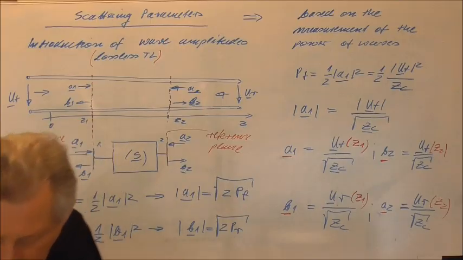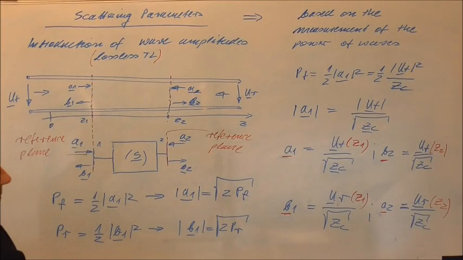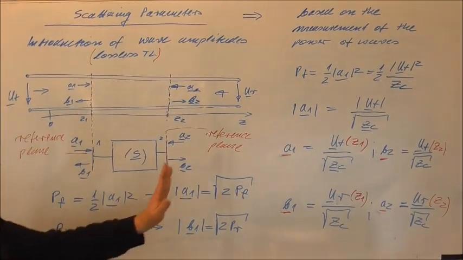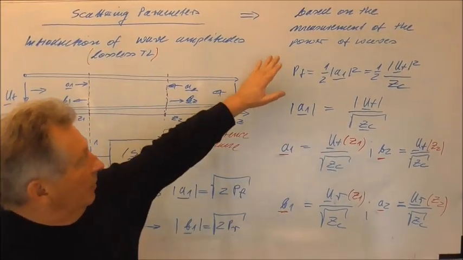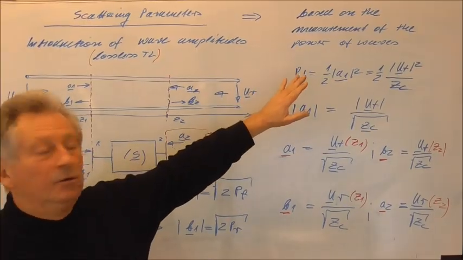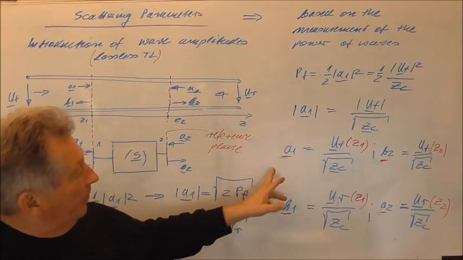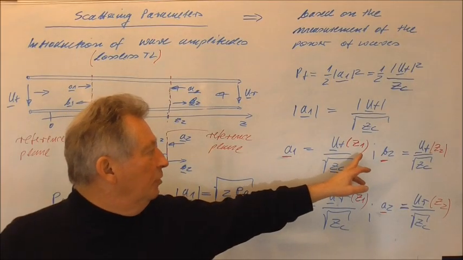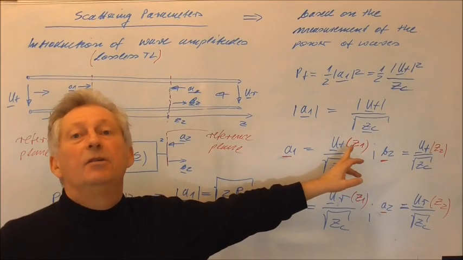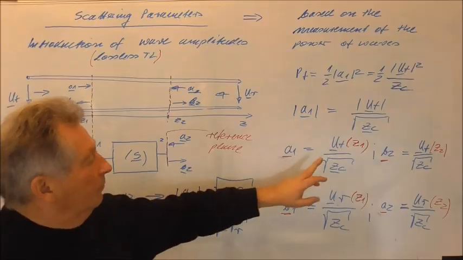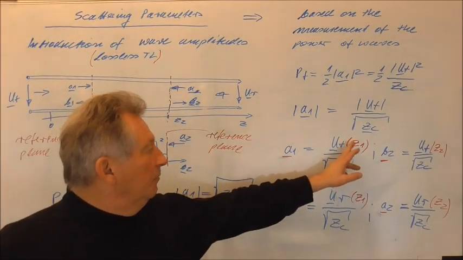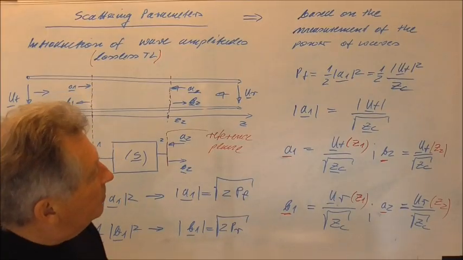So with the help of these ideas, we were able to introduce the so-called wave amplitudes. They are based on the measurements of the power of the wave, but the phases are assigned by using the phase of the transversal electric field, but this is identical in a transmission line with the phase of the voltage at this plane.